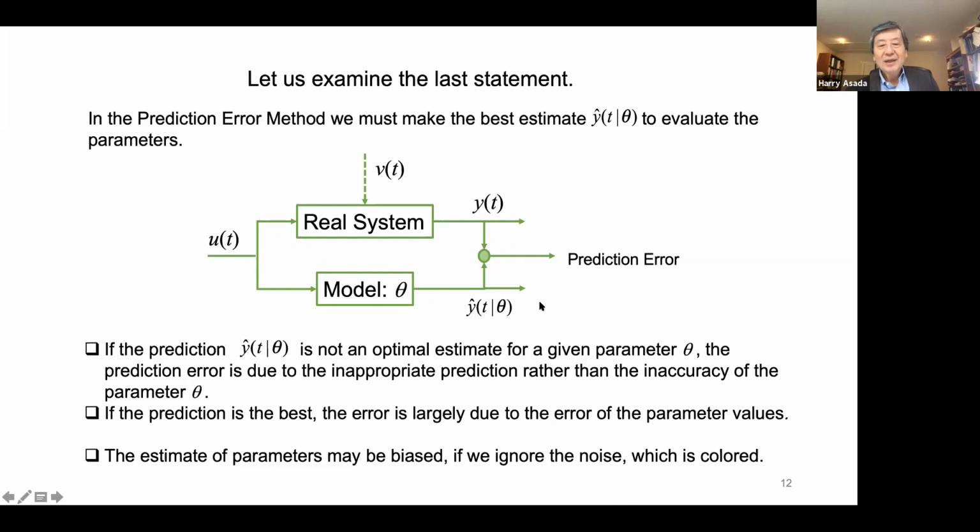What we would like to say is that this creates some error because the parameter values you use are wrong. Therefore, parameter values are to be corrected based on this, right? So, first, we have to make the best prediction we can make. So how can we really go about that? That is the question. In fact, if you don't use the correct predictor, you end up with the so-called biased estimate, which is bad.